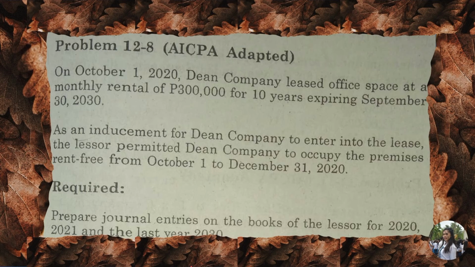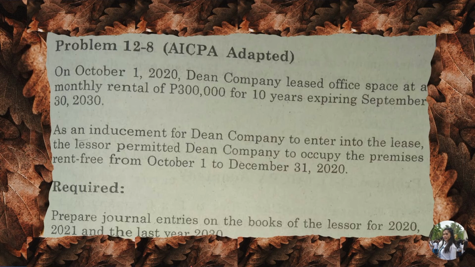On October 1, 2020, Dean Company leased office space at a monthly rental of 300,000 for 10 years, expiring September 30, 2030. As an inducement for Dean Company to enter the lease, the lessor permitted Dean Company to occupy the premises rent-free from October 1 to December 31, 2020.